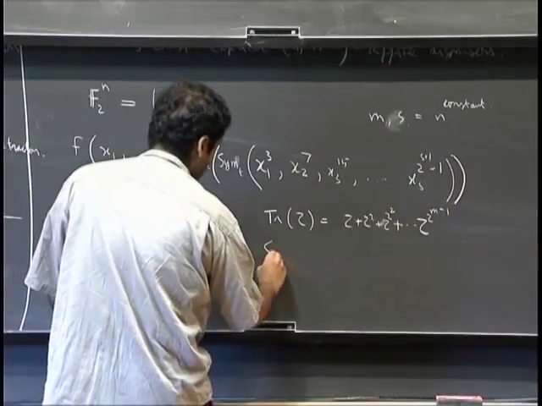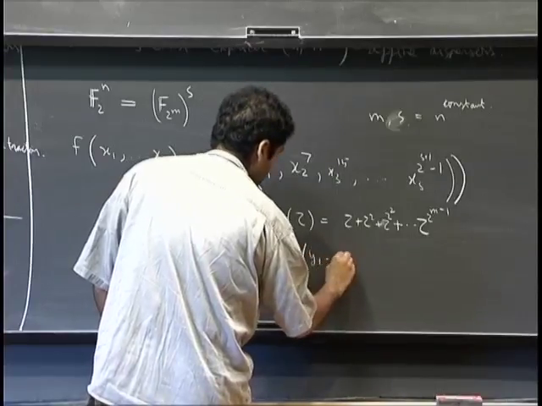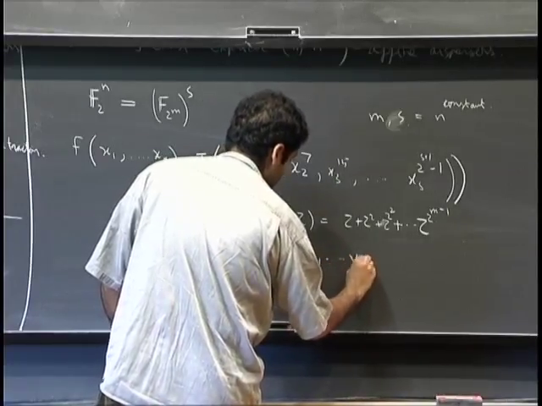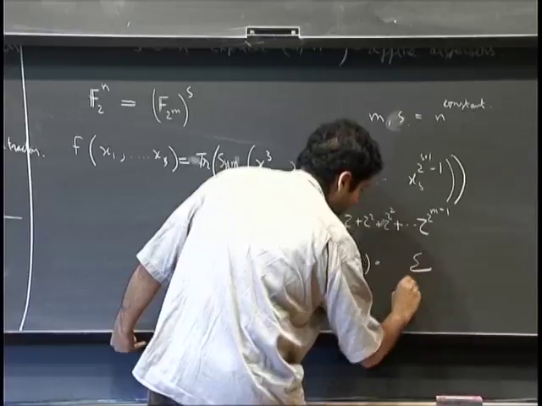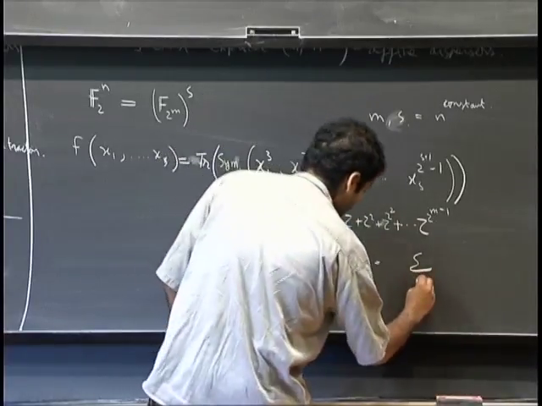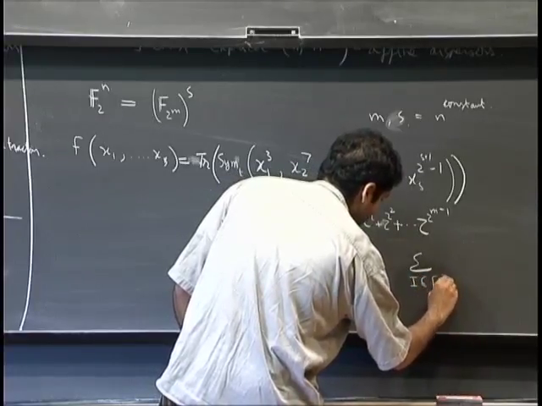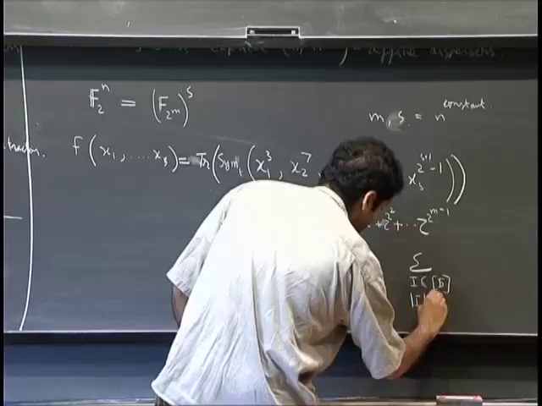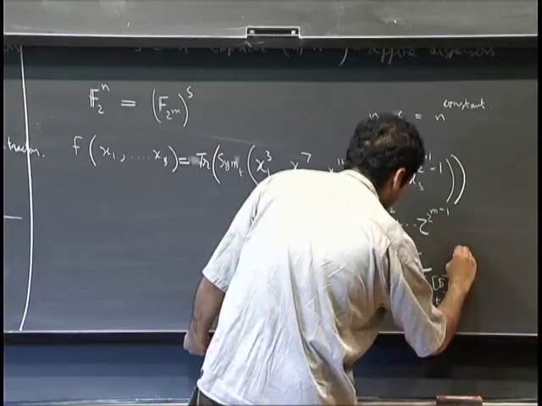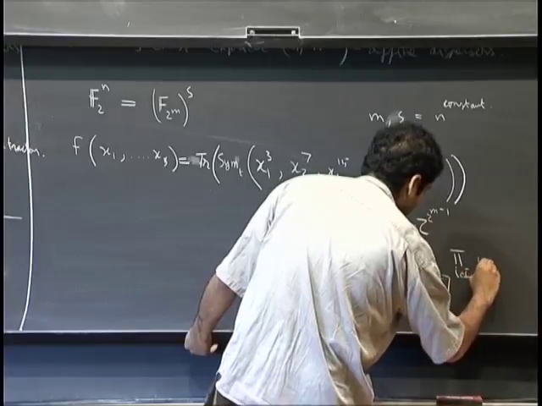And the symmetric polynomial of y1 up to ys is the sum over all t-tuples, that is, over all subsets I contained in [s] of size |I| equal to t, of the product over i in I of yi.